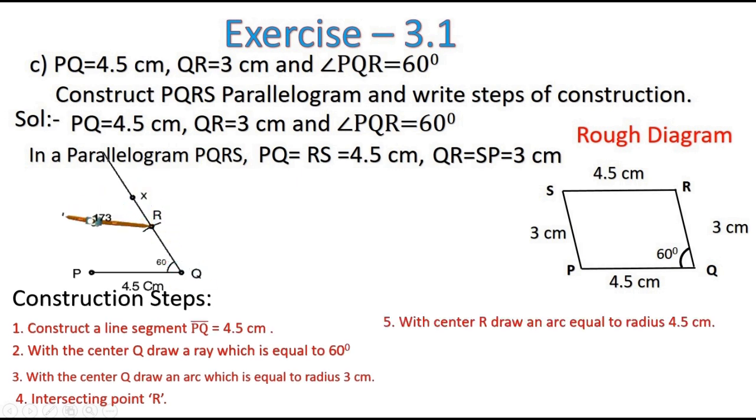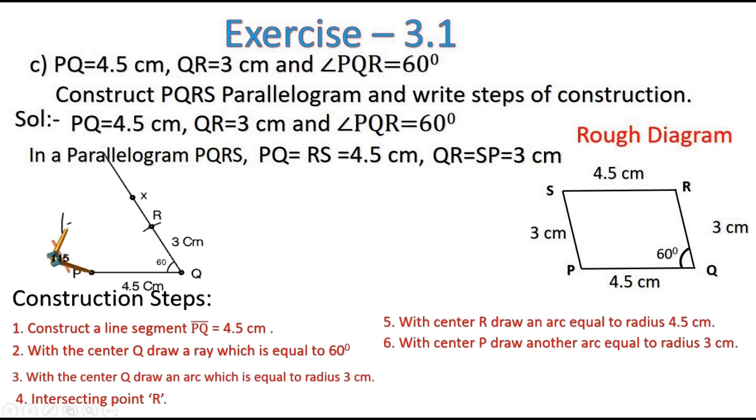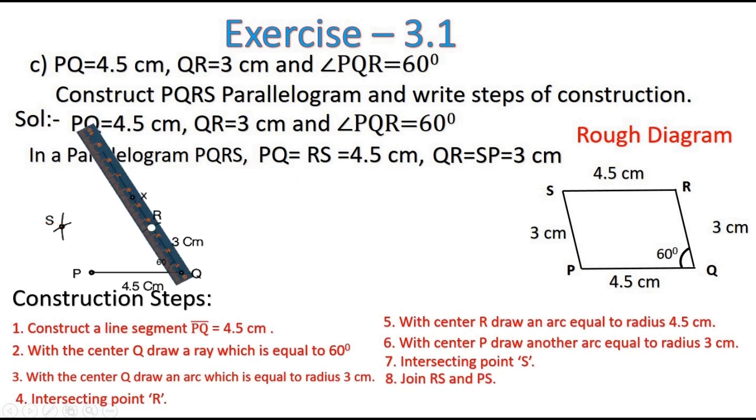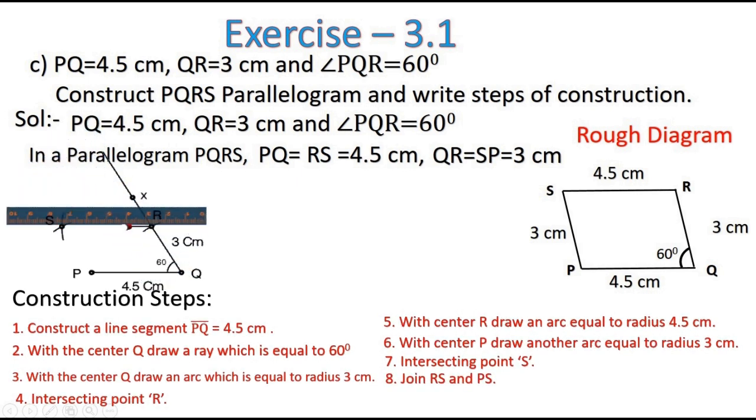With the center R, draw an arc of radius 4.5 centimeters. With the center P, draw another arc of radius 3 centimeters, intersecting at point S. Join RS and PS.